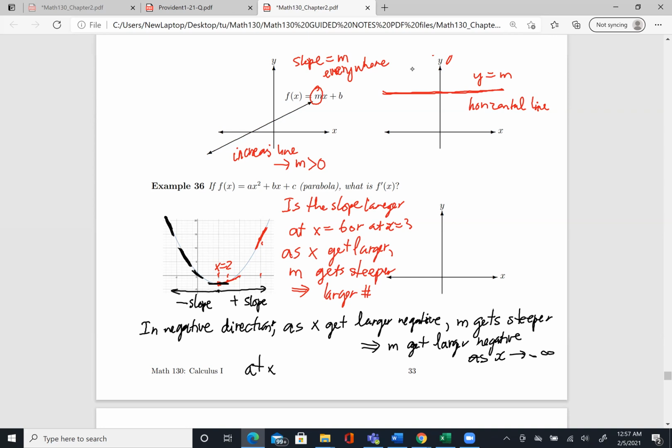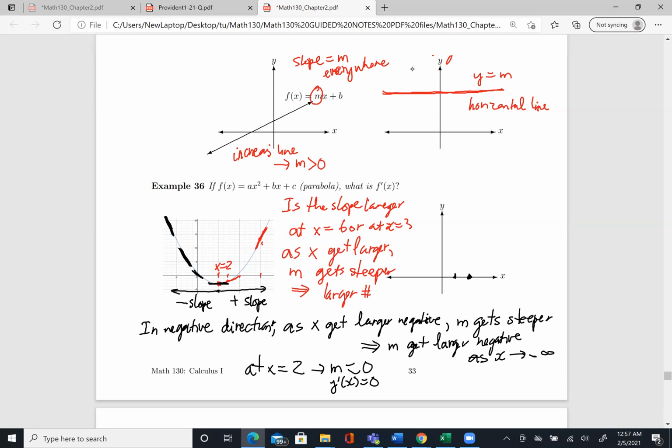So let's say here's 1, here's 2. f'(x) equals 0 there, so it should go through this point, right?